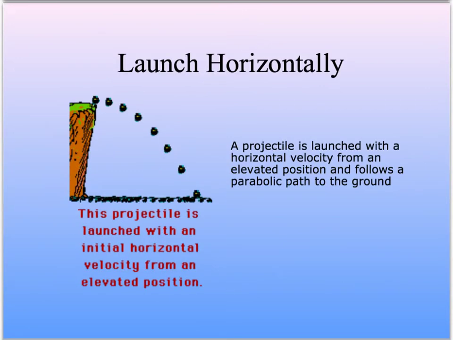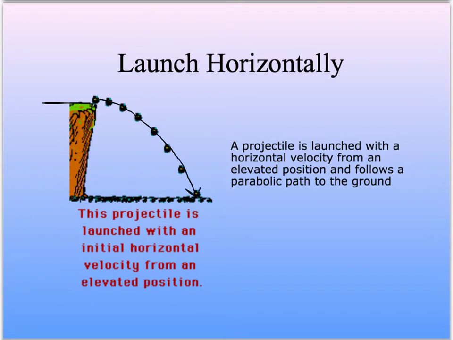All right, so here's one type of question setup that you will see in this part of the course. In this case, the projectile is launched from some elevated location. It's launched horizontally, the assumption being that the ground over here is horizontal. It's launched horizontally and falls some way.